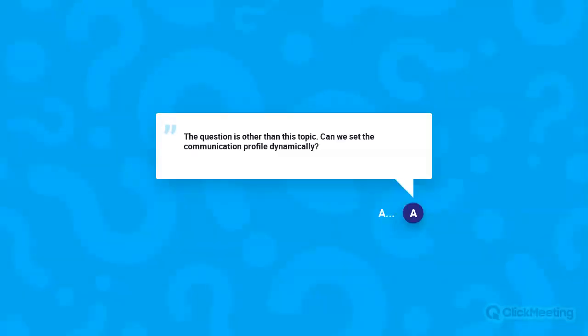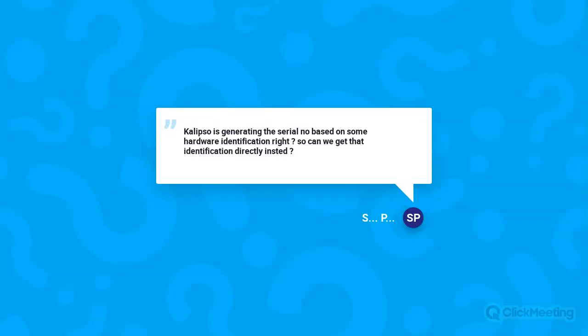Okay, great. Moving on. This one is the same question from before. Calipso is generating the serial number based on some hardware identification, right? So can we get that identification directly instead? Replying to the first question, yes.